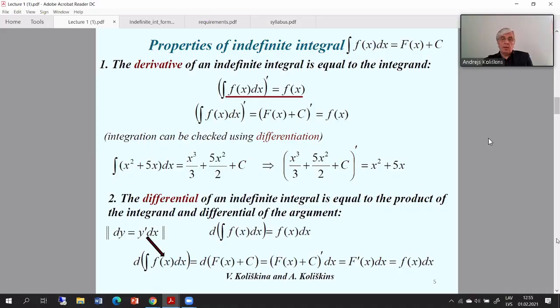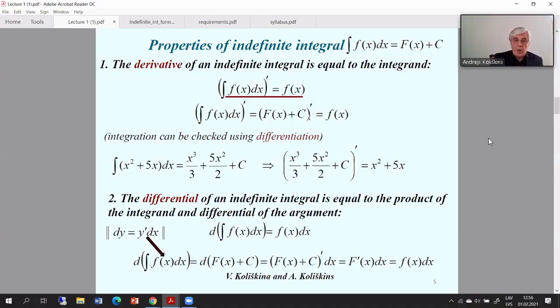So we assume that capital F prime is equal to small f. And if I differentiate the integral, this means that I differentiate this expression, and the derivative of the expression in parentheses is capital F prime of x. But capital F prime is small f. So this is one thing.